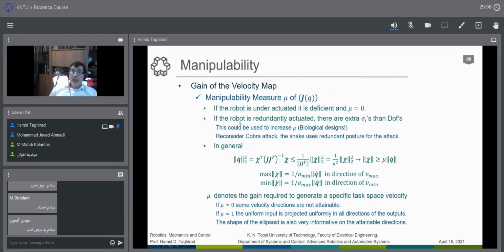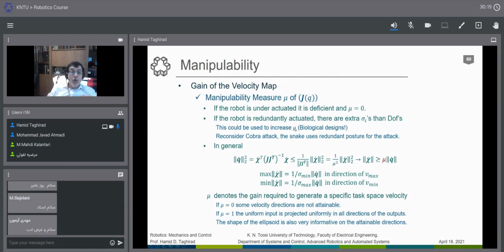On the other side, we have another particular type of robot which is very well designed, and we can see many of that type in nature, that are redundantly actuated. Redundantly actuated is the inverse.